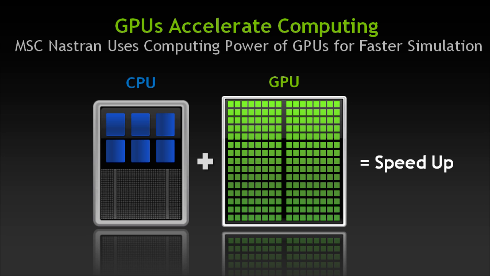However, what's emerging is the use of graphics processing units, GPUs, to accelerate the CPU computation. It's a heterogeneous computing model where the GPU serves as a co-processor to the CPU. A rigorous definition of co-processing is the use of an accelerator.